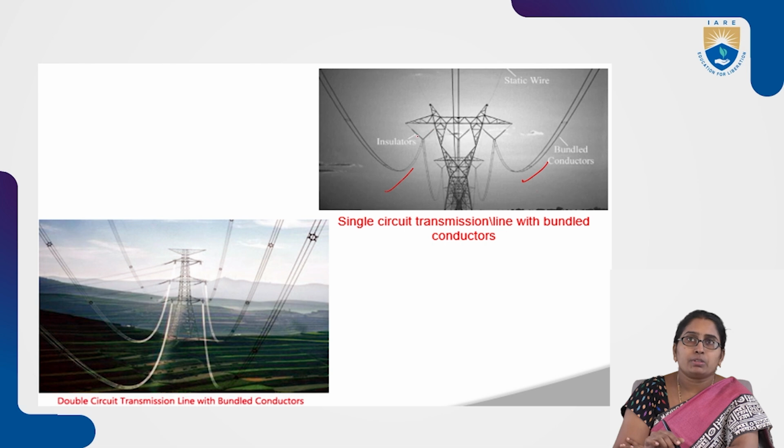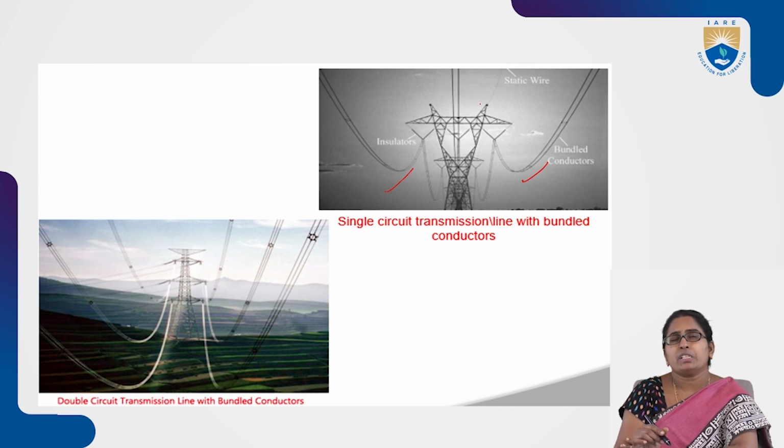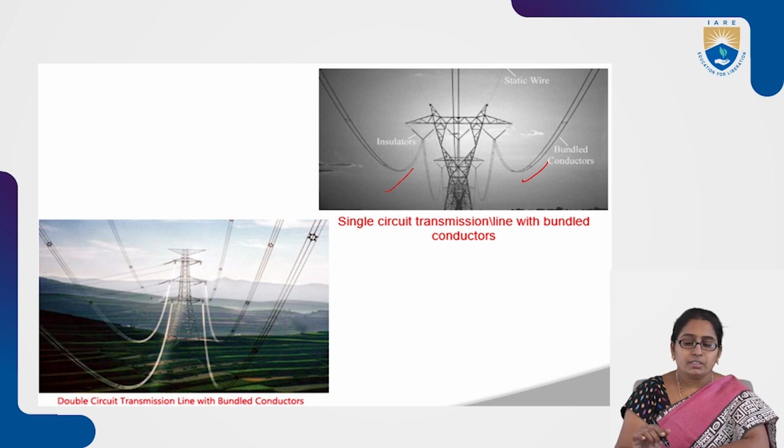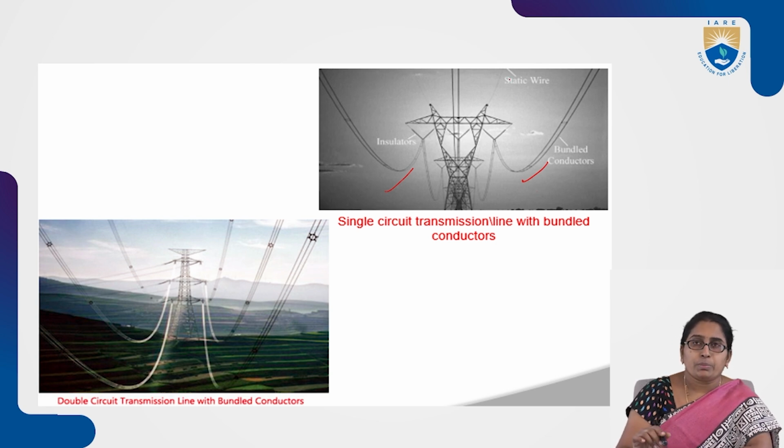So these are the insulators, you can see. About the insulators, we'll see later in the other module. Then on the top of the transmission line, you can see there is a static wire, for the safety of the transmission line and tower.